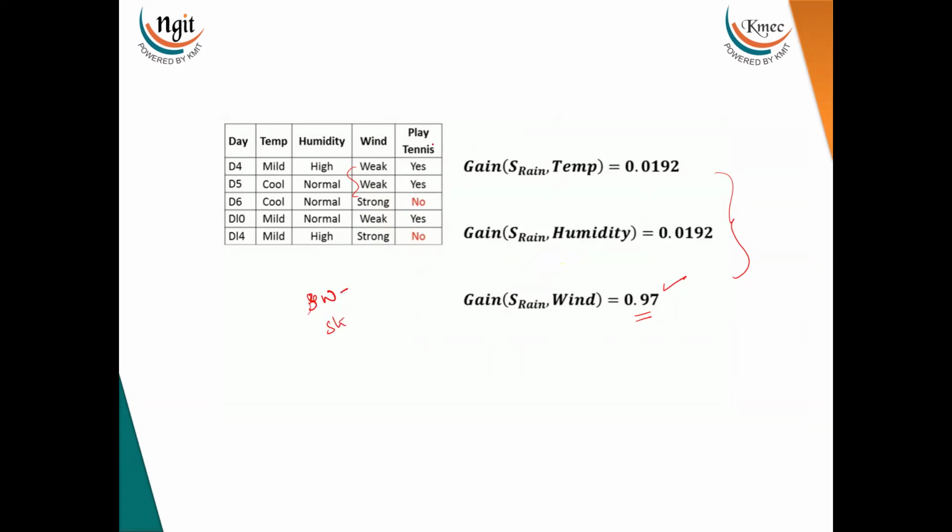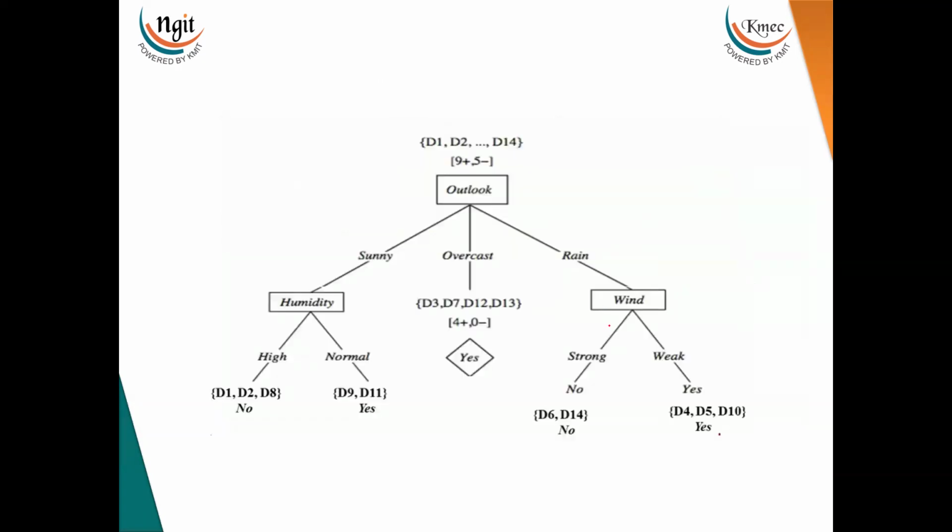In weak, we have 3 yes. And when you have strong, you have 2 no. That is, when wind is weak, yes, you can play tennis. When wind is strong, play tennis is equal to no. So when outlook equal to rain and wind equal to strong, play tennis equal to no. When outlook equal to rain and wind equal to weak, then play tennis equal to yes.